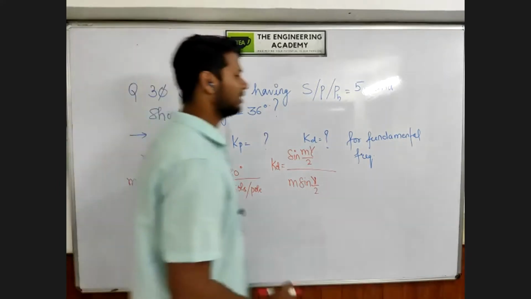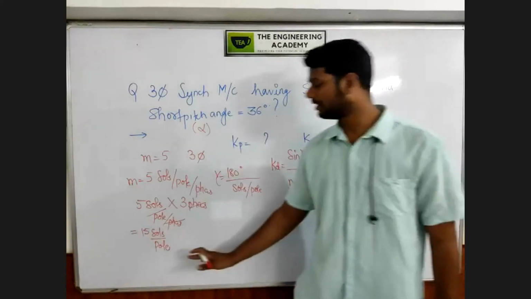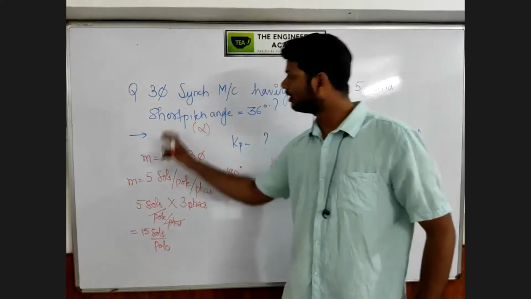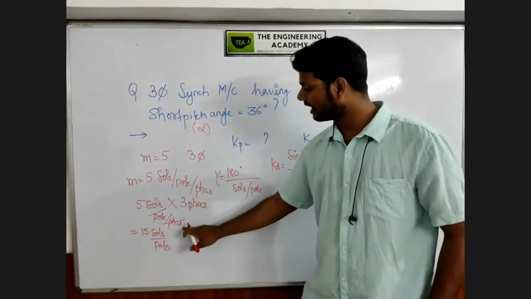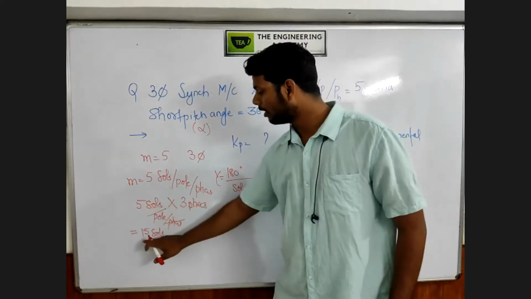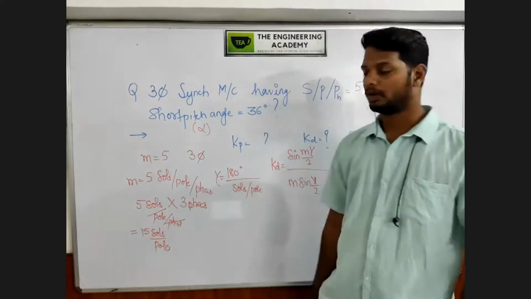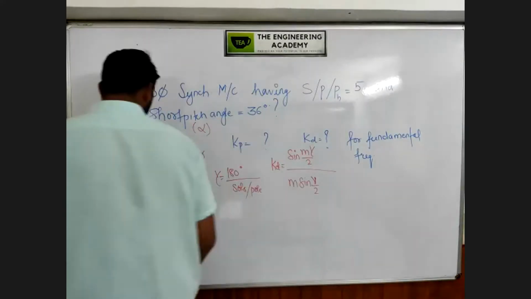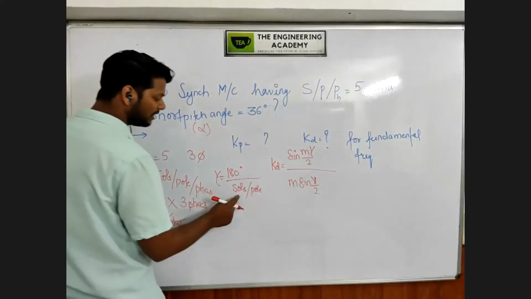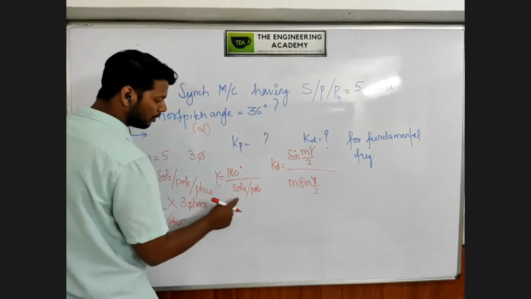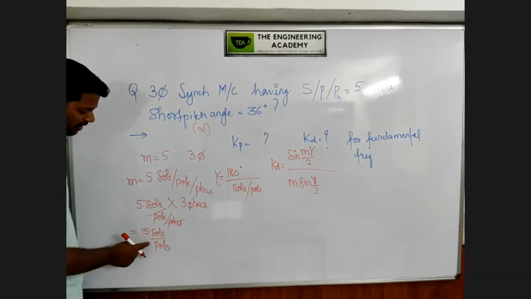I hope everyone got this. How are 15 slots per pole obtained? When I multiply 5 with 3 phases, phase and phase cancel, and 3 into 5 we get 15 slots per pole. So how many slots are per pole? There are total 15 slots per pole.